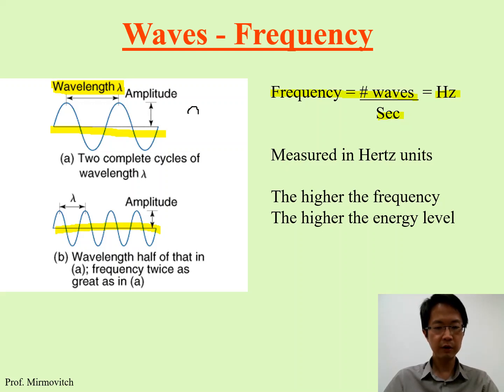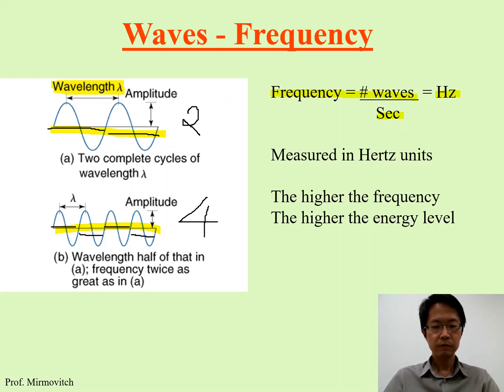One wave here, and then you have another wave here. In B you have, okay, 1 wave, 2 wave, 3 wave, and 4 wave. So you have 4 waves in B, okay?